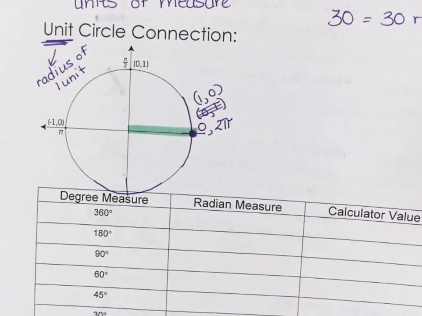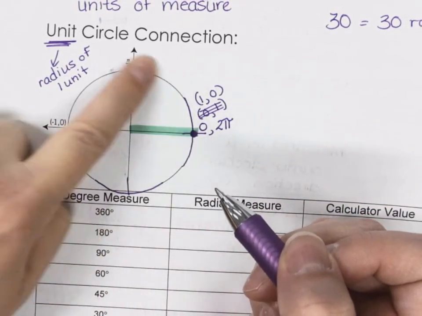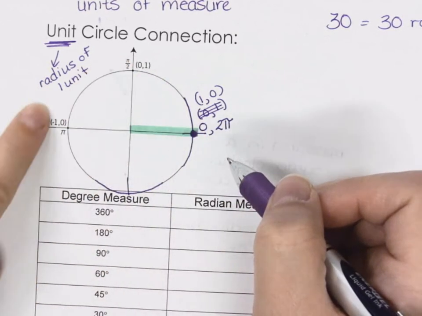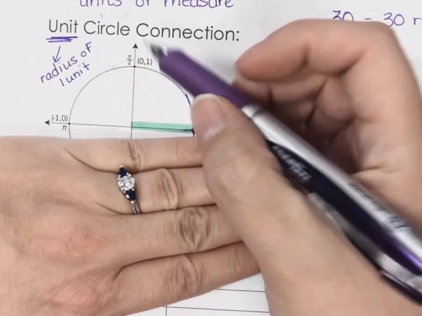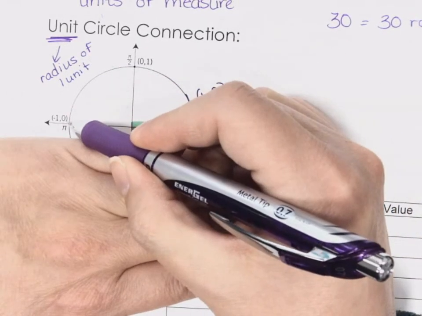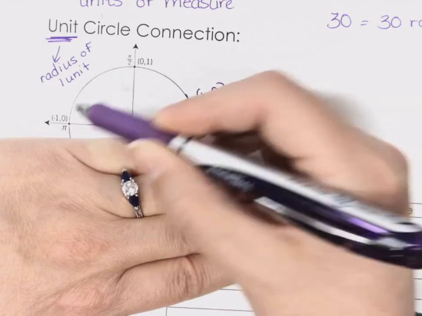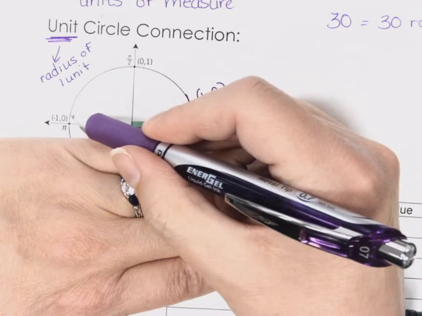Okay, so the other piece that's missing. Ladies and gentlemen, if this is 2 pi, over here would be a full pi. So half the circle, if you travel all the way over to here, that's pi. Because 2 halves of the circle make up 2 pi, so 1 half is a pi.